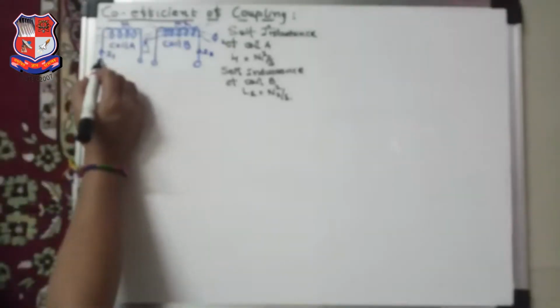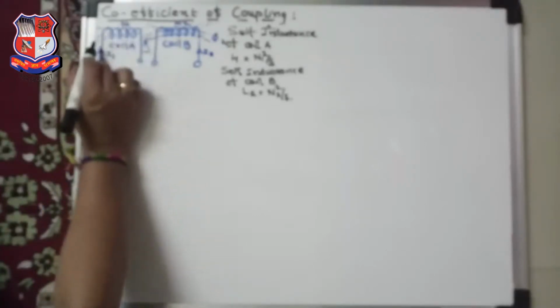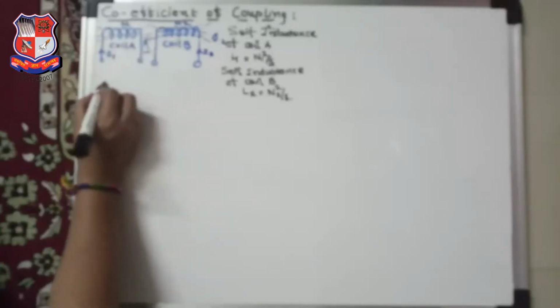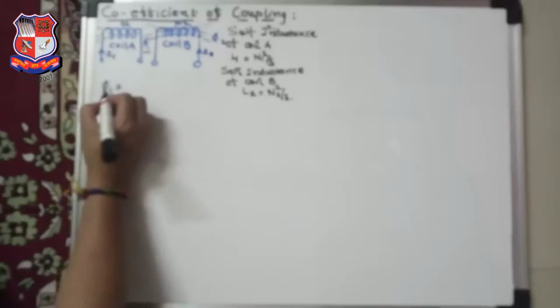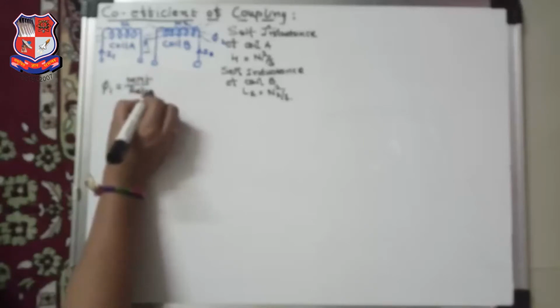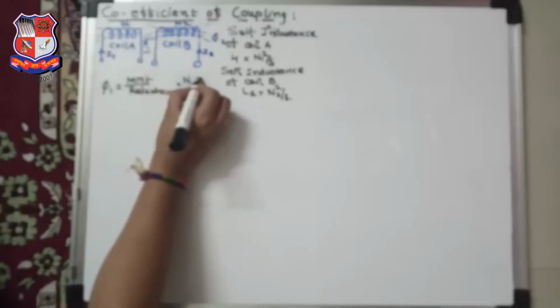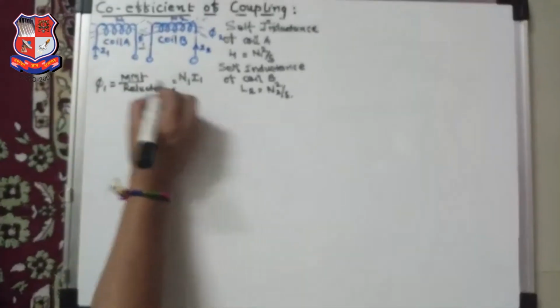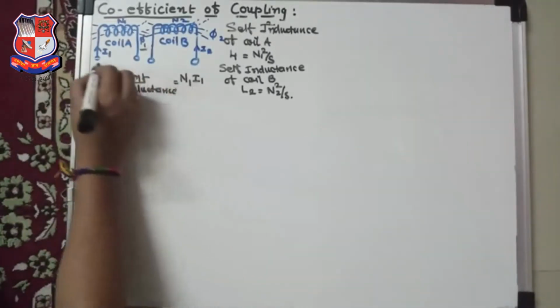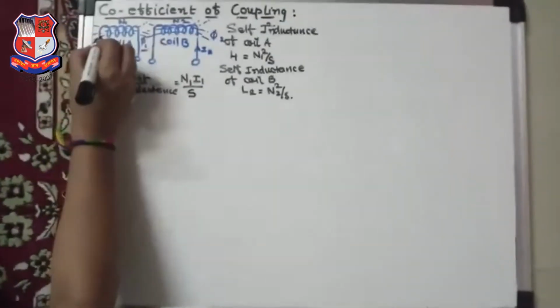In the same way, when current I1 flows through coil A having N1 turns, magnetic flux phi1 is produced around coil A. The flux is equal to MMF upon reluctance, where MMF is the number of turns times the current through the coil. So phi1 is N1 I1 divided by the reluctance S.